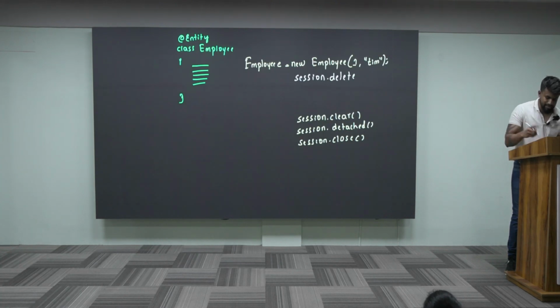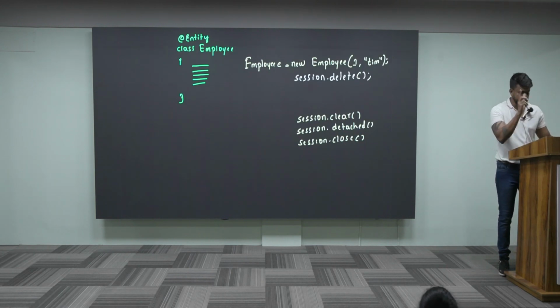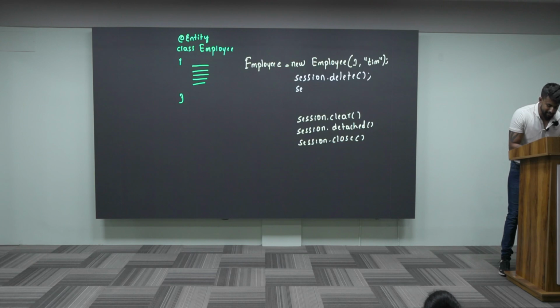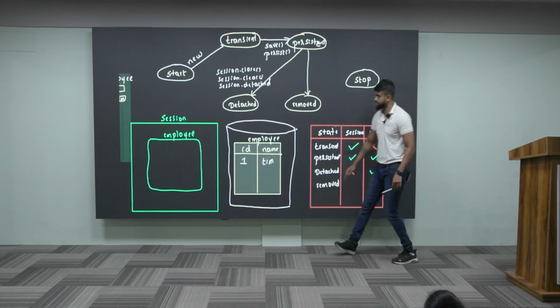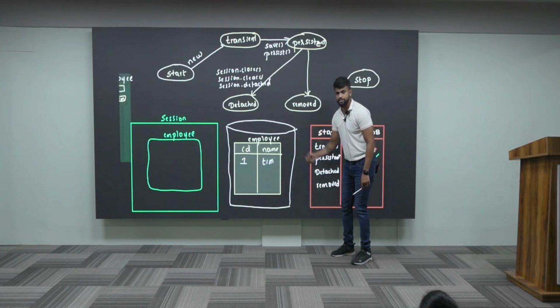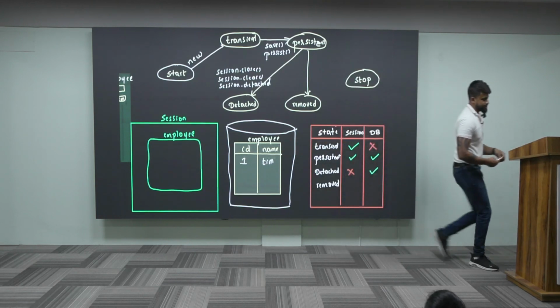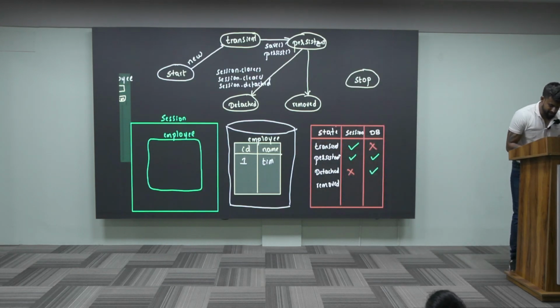Tell me, what is the alternate for delete? Remove. You tell delete or you tell remove. What is happening there? Very simple. Whatever detail you have inside this table is removed. Means 1 and Tim will go, like this.